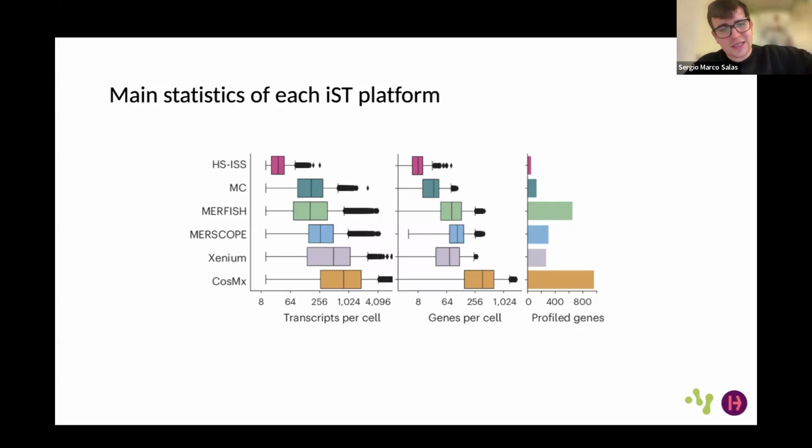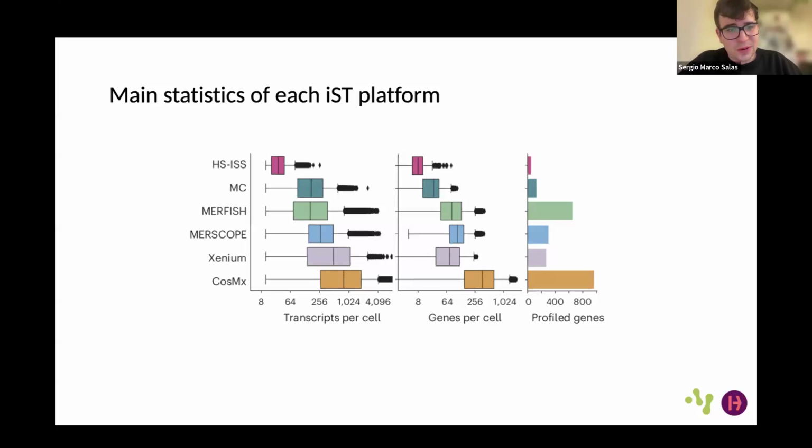However, this is actually a bit of a misleading statistic, because CosMx at that point also managed to profile a larger number of genes, which essentially means that they were getting more information per cell, but also they were profiling more genes, which doesn't really tell us that much about the detection efficiency.